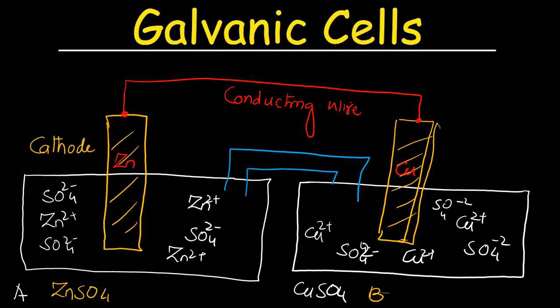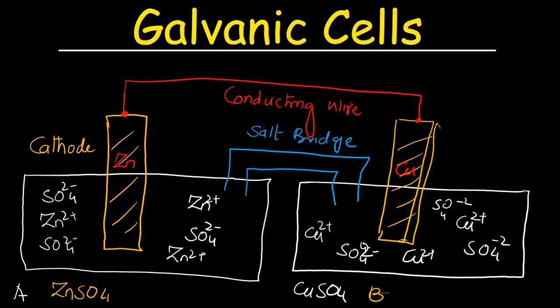Salt bridge connects part A of the galvanic cell with part B of the galvanic cell.